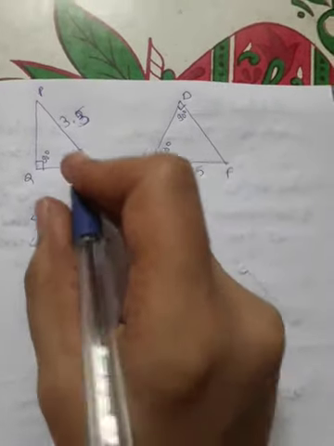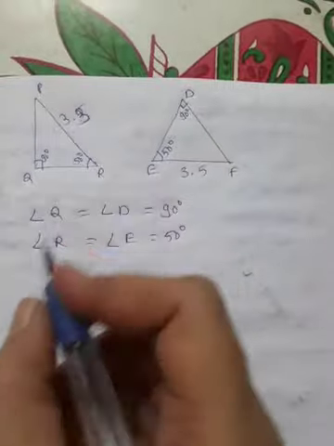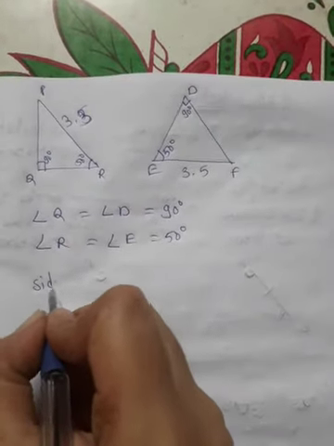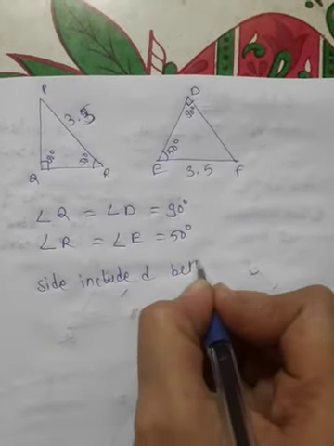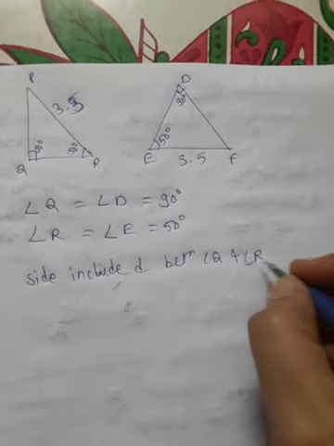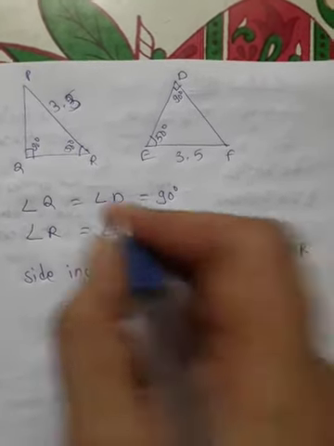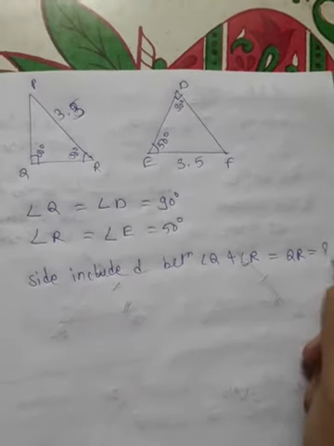Now two angles of the triangles are equal. Now check the side included between them. What is the side included between angle Q and angle R? It is QR, and it is not given.